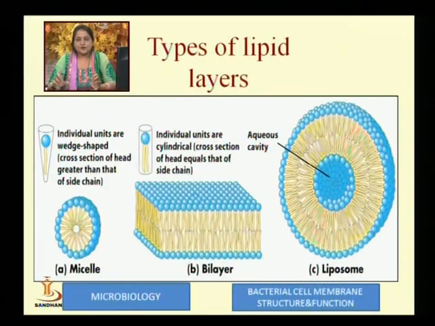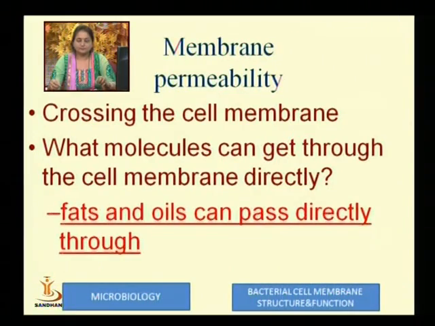Lipid monolayers form a two-dimensional sheet, and that is known as a bilayer. The third one is known as a liposome. Liposome means when the two-dimensional structure folds by itself and closes, it forms a liposome or a vesicle.